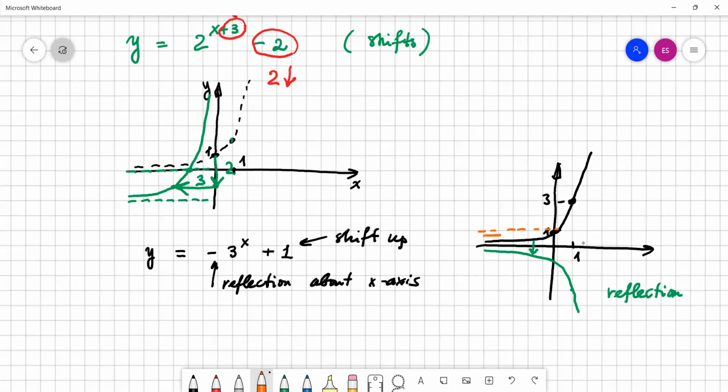So it's going to be something like this. You guys can always watch the 2 points which you are using, this and this. That's going to be the graph. The red one is minus 3 to the power of x plus 1. Okay, let me label the axis and move to solving word problems.